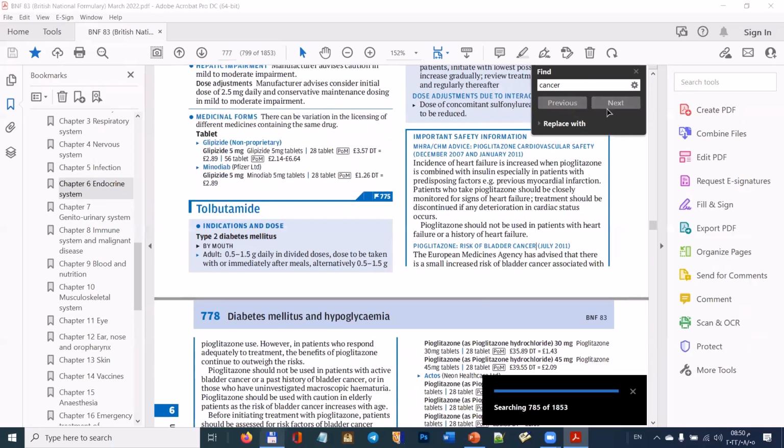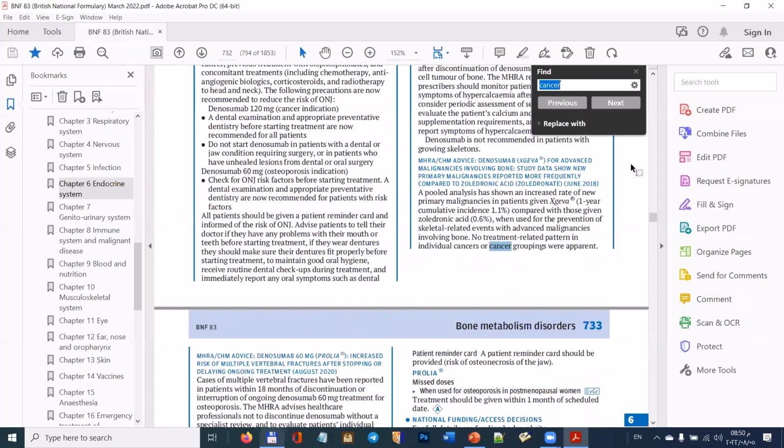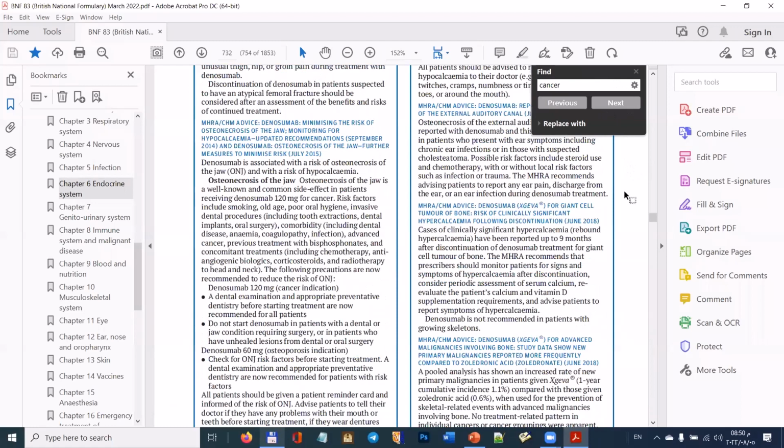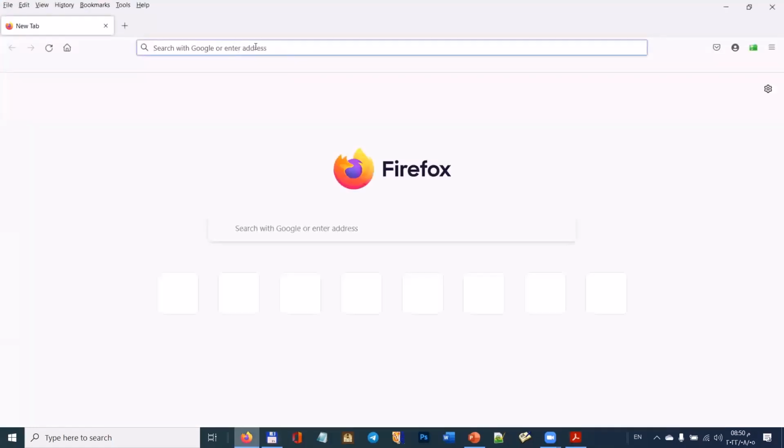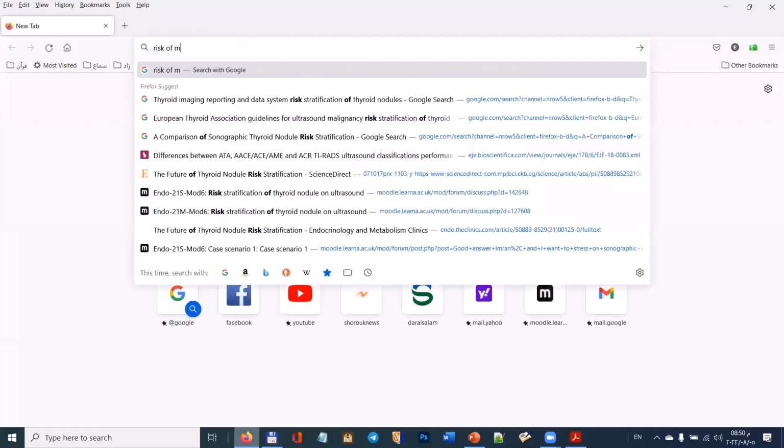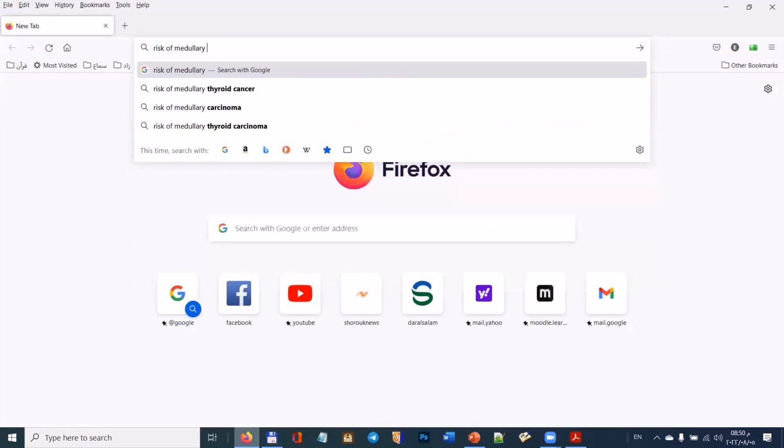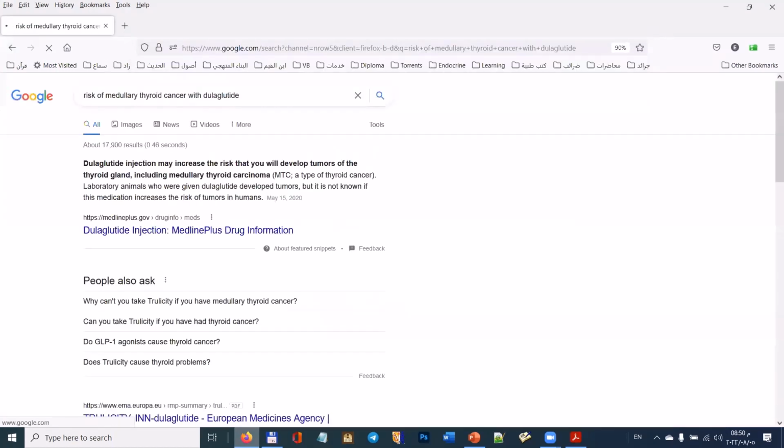Actually, they did not mention that, but medullary thyroid cancer. The risk of medullary thyroid cancer with, actually, this is just mentioned here. Dulaglutide injection may increase the risk that you will develop a tumor of thyroid gland, including medullary thyroid cancer.